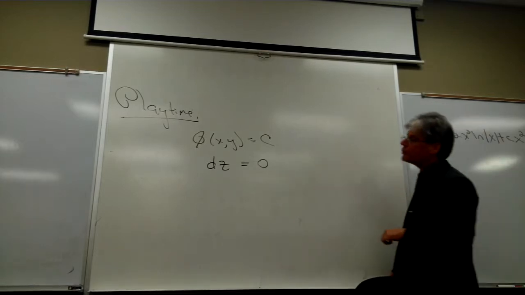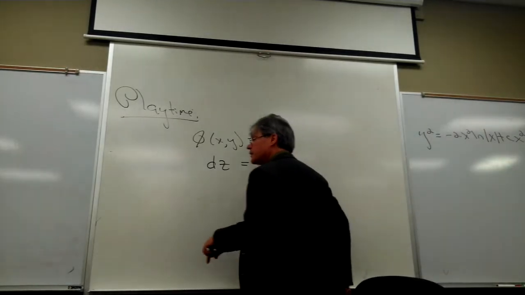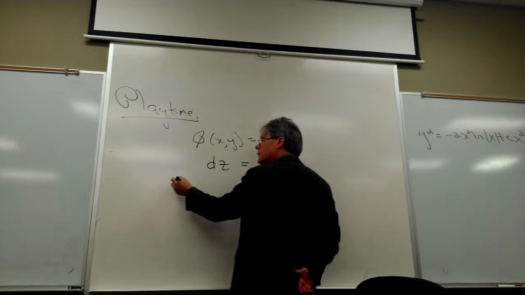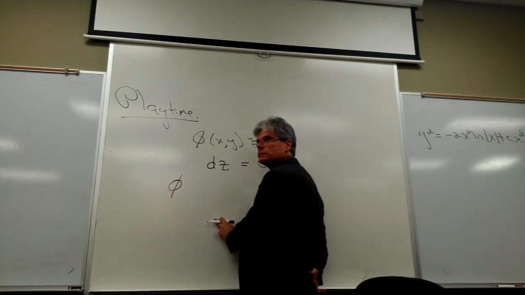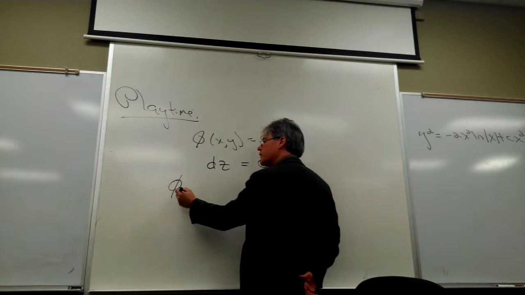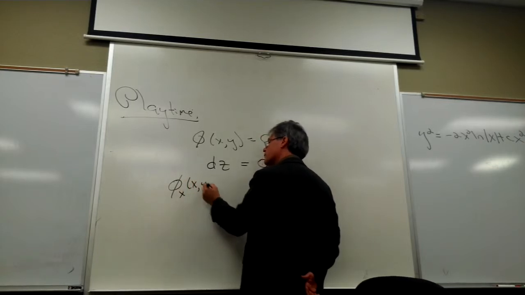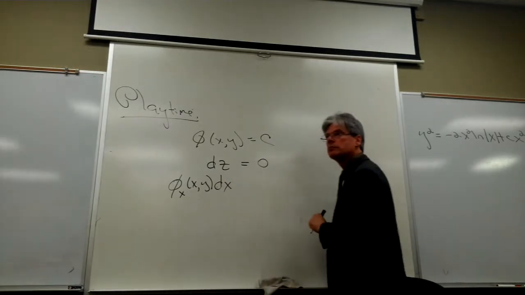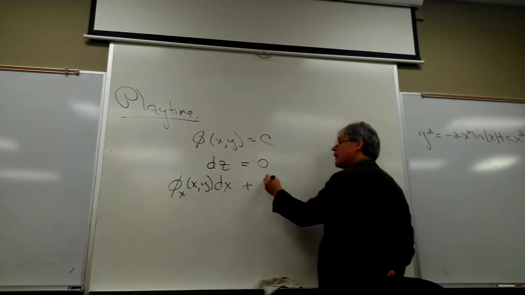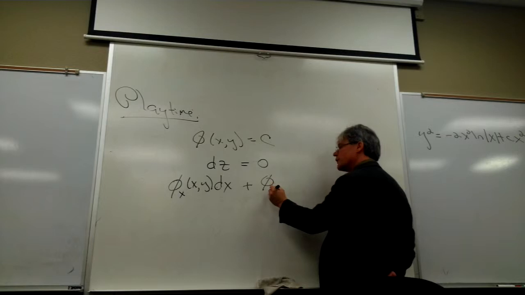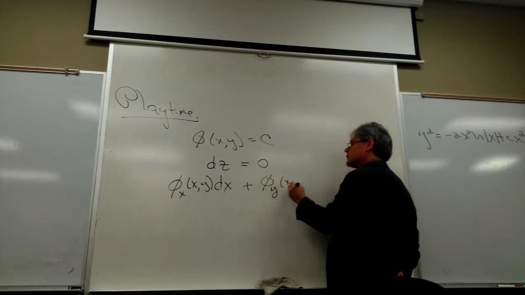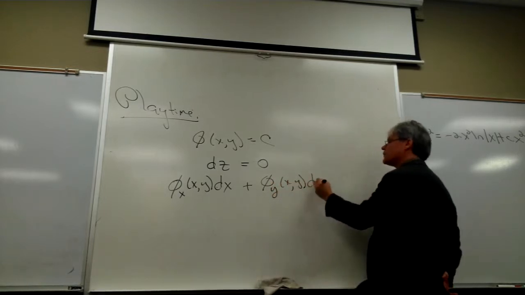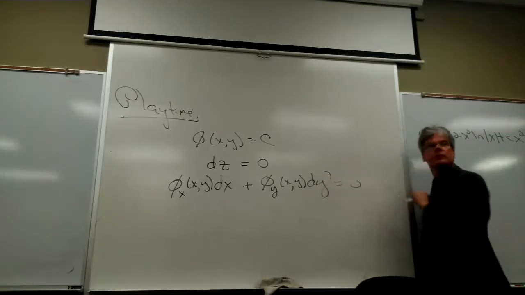My total differential I'll define as taking my function phi and partially differentiating with respect to x, and then moving slightly in the x direction, and adding to that how phi is changing moving in the y direction, and moving a small distance in the y direction.